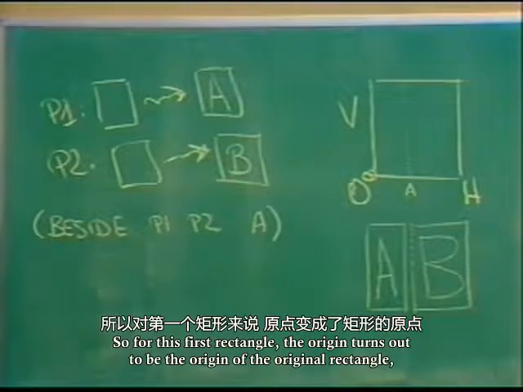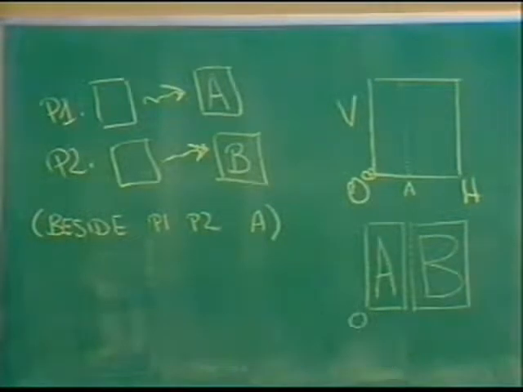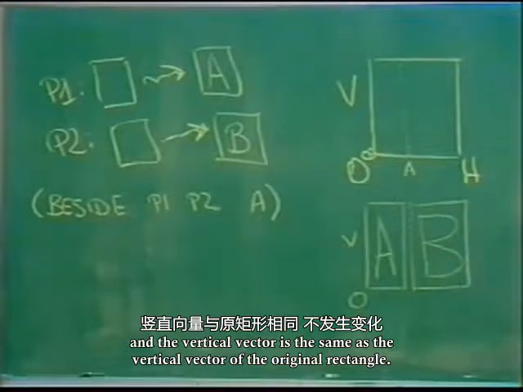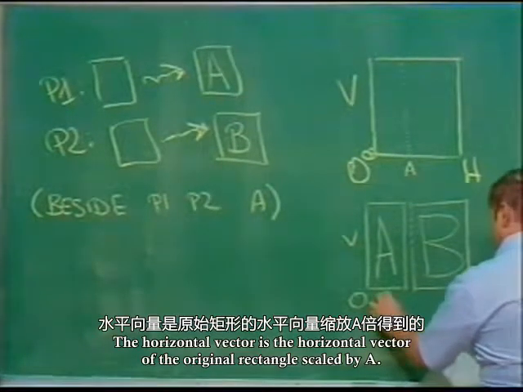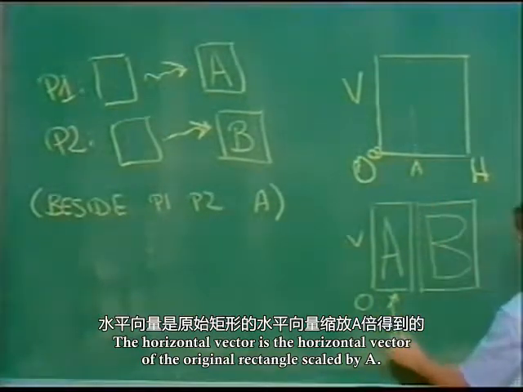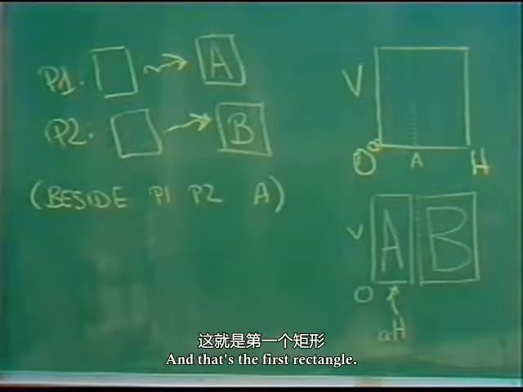So for this first rectangle, the origin turns out to be the origin of the original rectangle, and the vertical vector is the same as the vertical vector of the original rectangle. The horizontal vector is the horizontal vector of the original rectangle scaled by A, and that's the first rectangle.